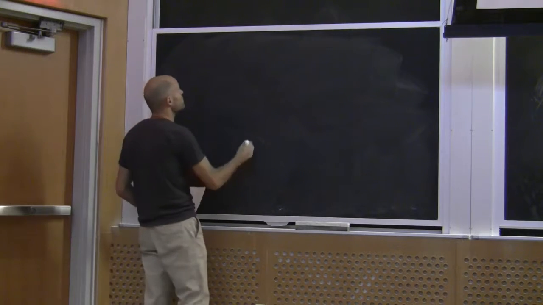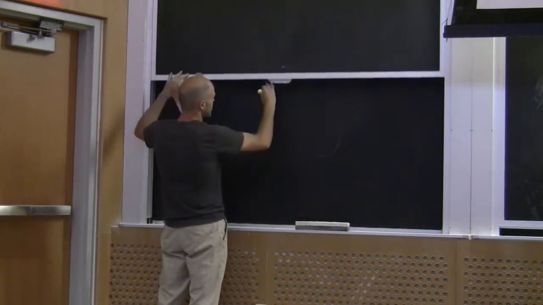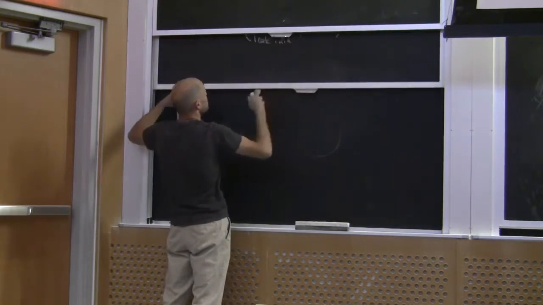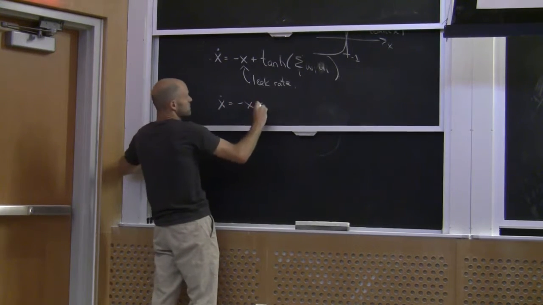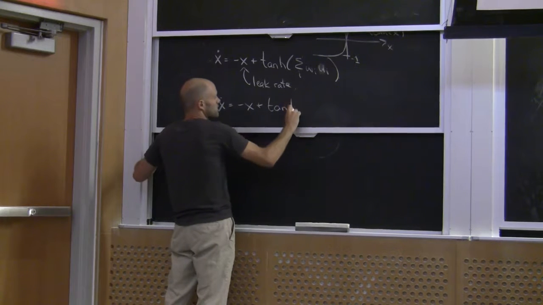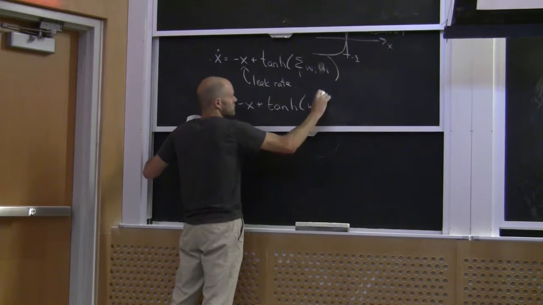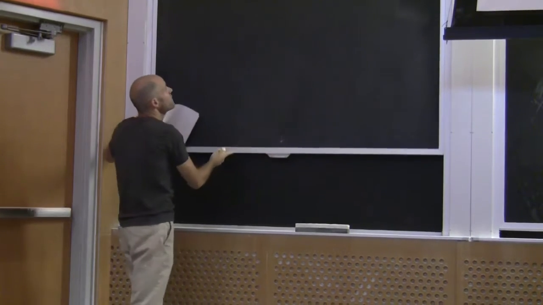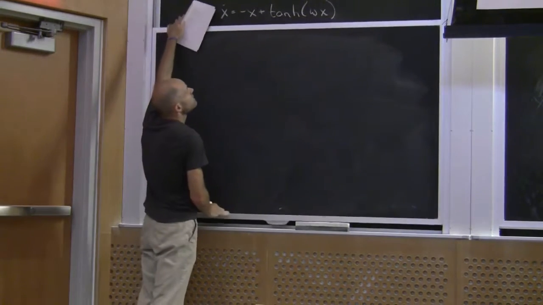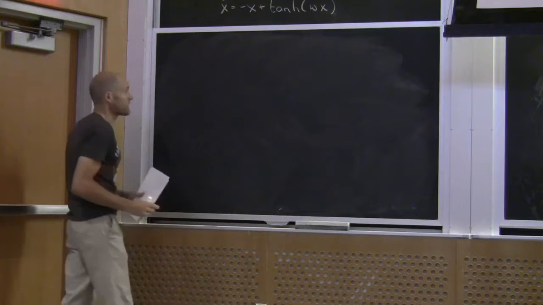If I have it loop around with a single connection, then my equation is just that, a single feedback loop.